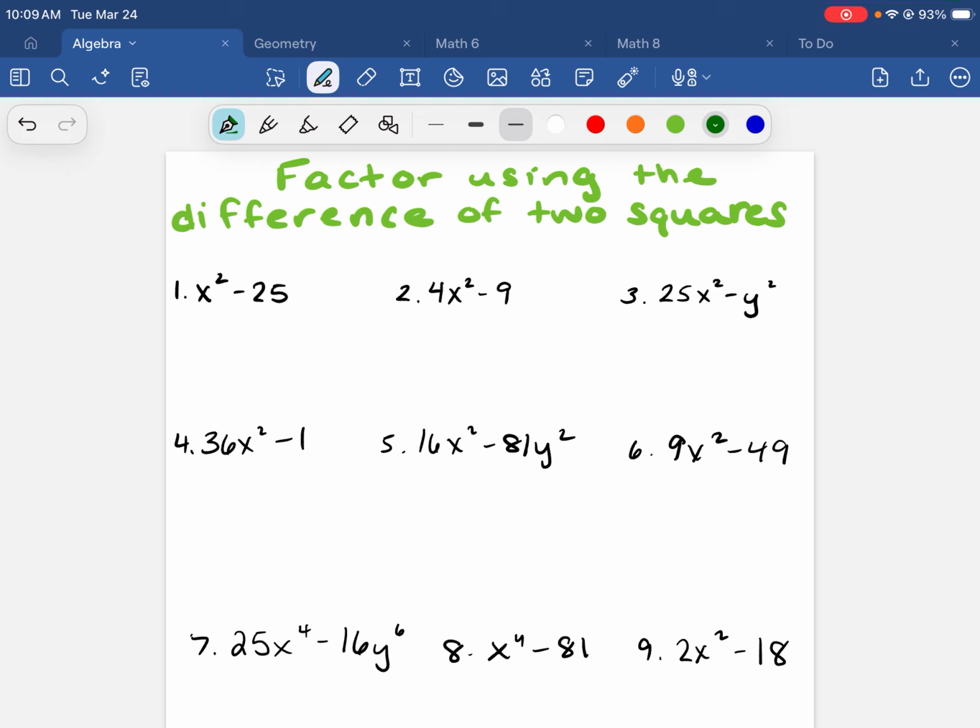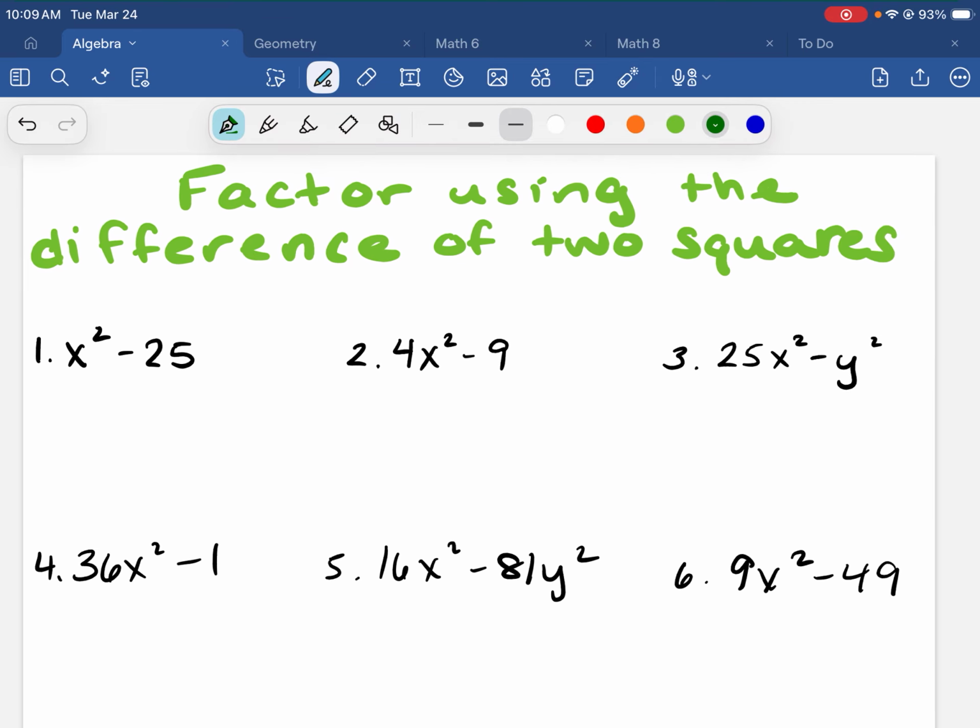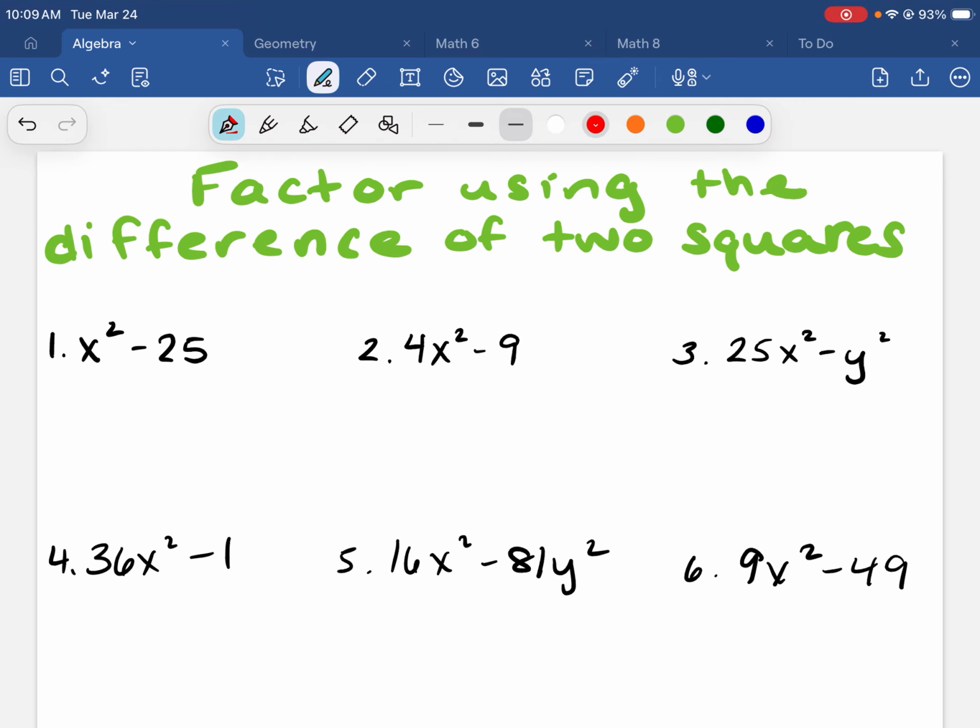So when we have the difference, so when we have subtraction of two squares, there's a specific type of factoring that we can do. When we have subtraction of two perfect squares, that means we have a number where something times itself equals that number.